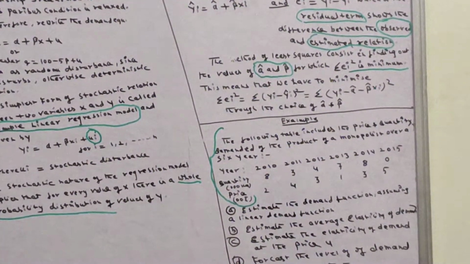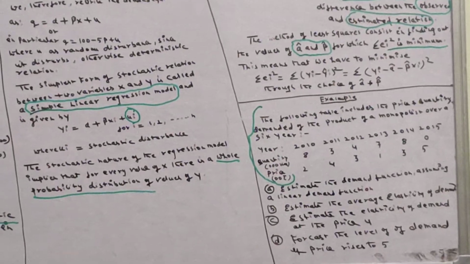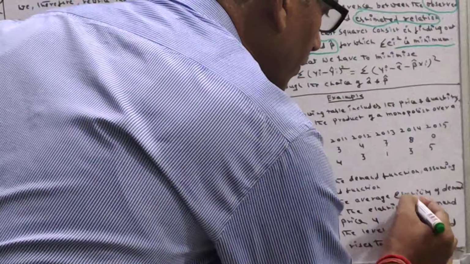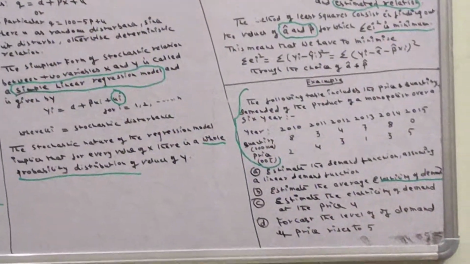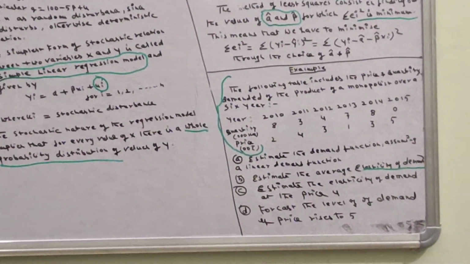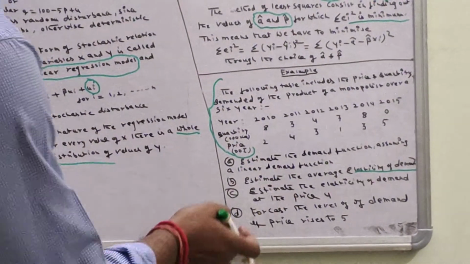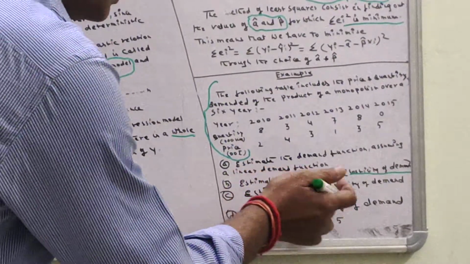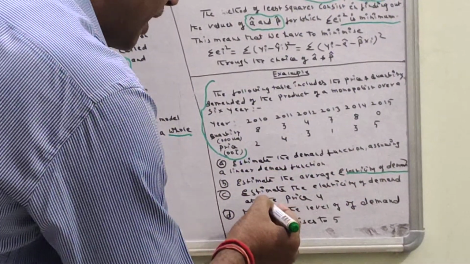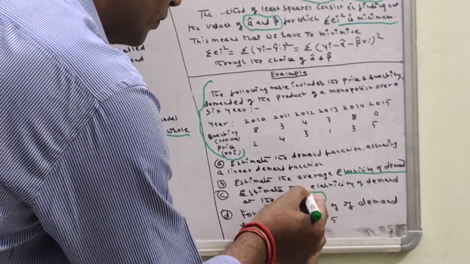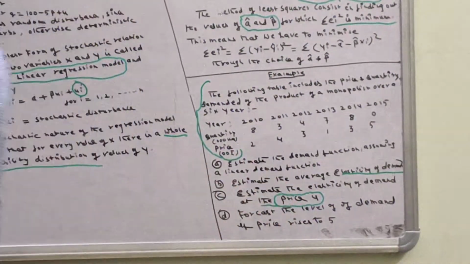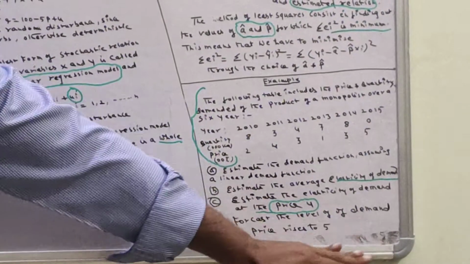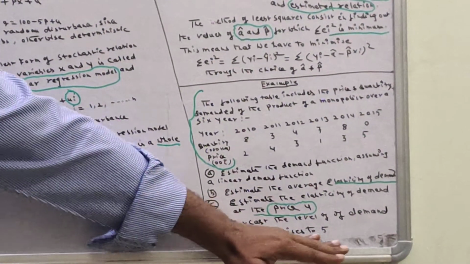First we will have to find that. Next, estimate the average elasticity of demand. And next we will have to estimate the elasticity of demand at the price at a particular point, and also finally forecast the level of demand if price rises to 5.